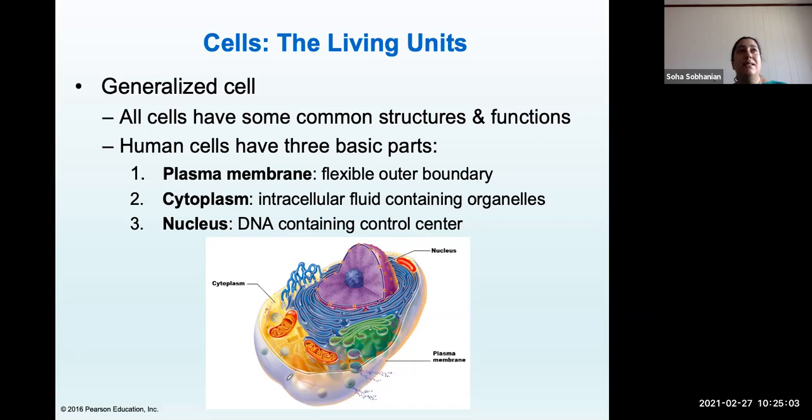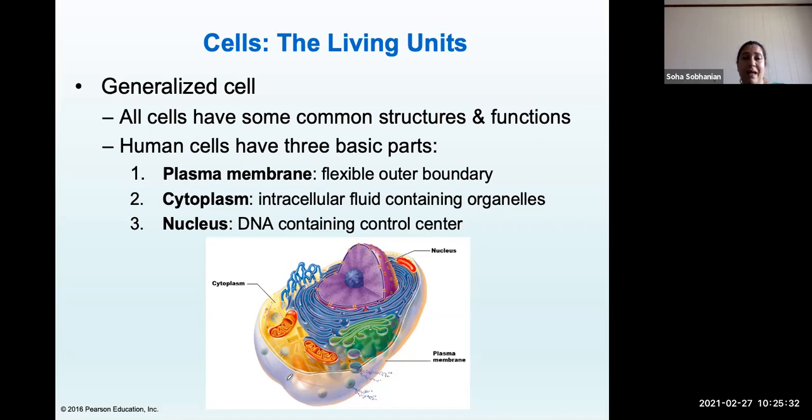So it is permeable, as in it allows things to get in and out. But the proper word would be semi-permeable, as in it allows some things to come in or get out, but it monitors it. It's kind of like border control. It allows people to get in and out through the border, but it doesn't allow everybody to get in and out.